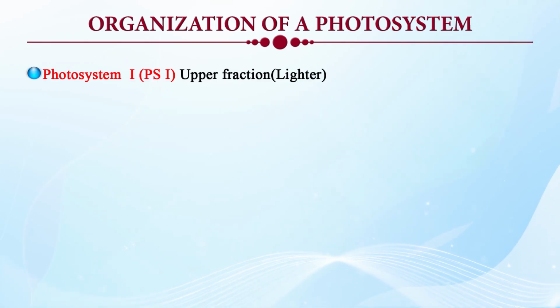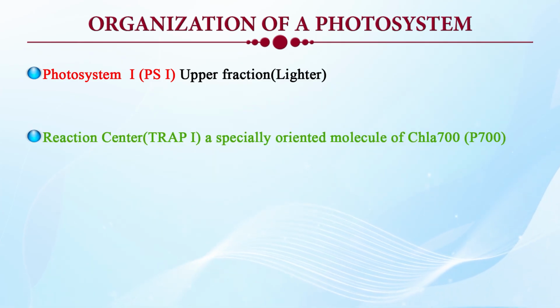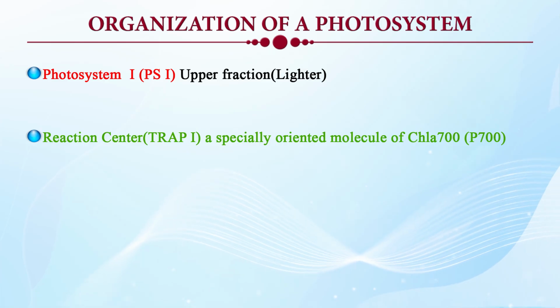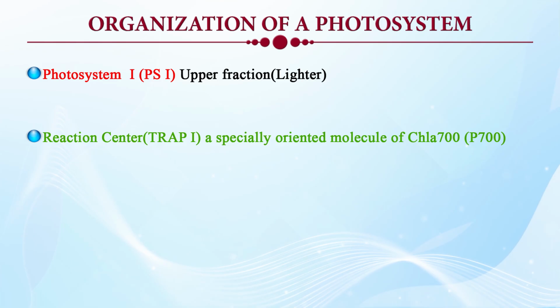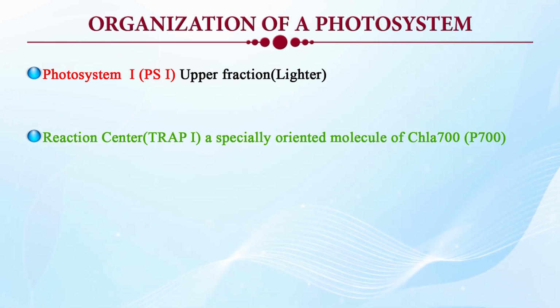To confirm the whole story, these two photosystems have also been biochemically isolated to find out what the different ingredients are. Photosystem 1 comes in fractionation in the upper zone. So, naturally it is lighter, and the trap, the final focal point, is a chlorophyll A molecule which is called P700, because it has an absorption maxima at 700.